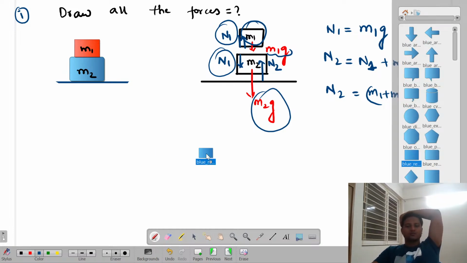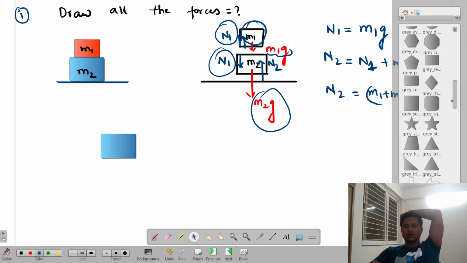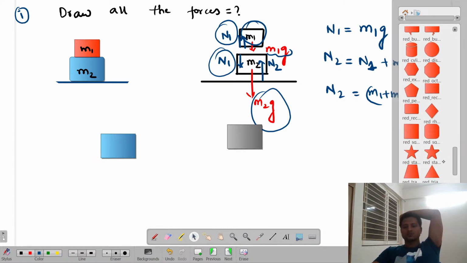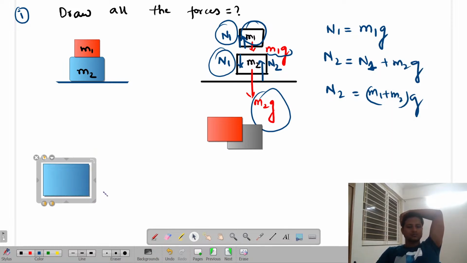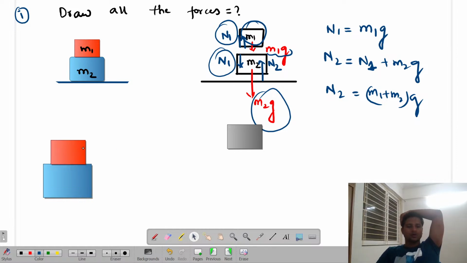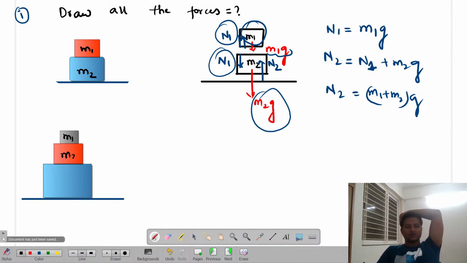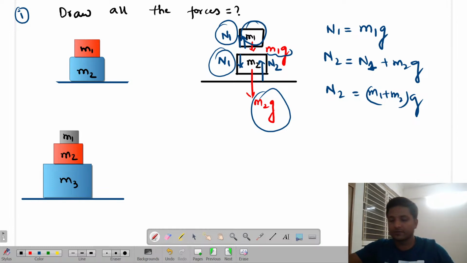Similarly, let us take one more case. One block, then two blocks, and then three blocks. Right or not? All surfaces are smooth. m1, m2, m3. Draw all the forces, the contact forces basically.